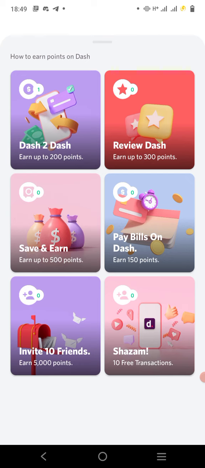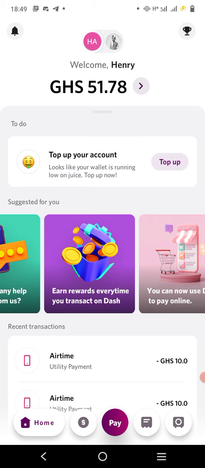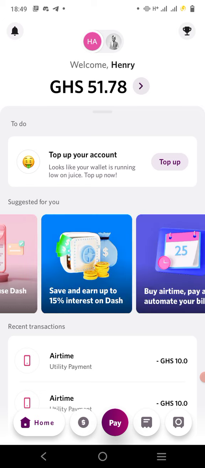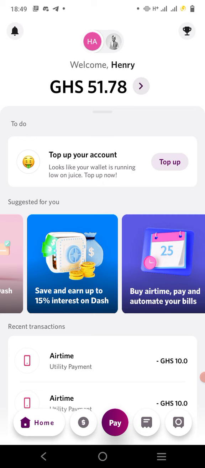Okay, sorry. The Nigerian account has the ability to send up to 3 million. That is if you're doing the 10,000 naira monthly plan, and then 2 million for the 5,000 naira monthly plan.